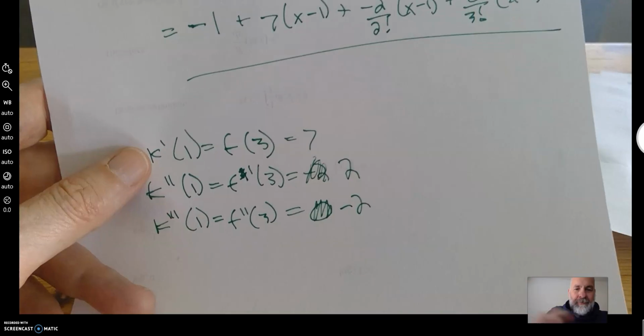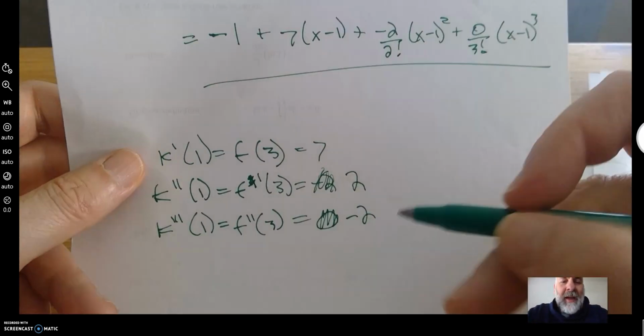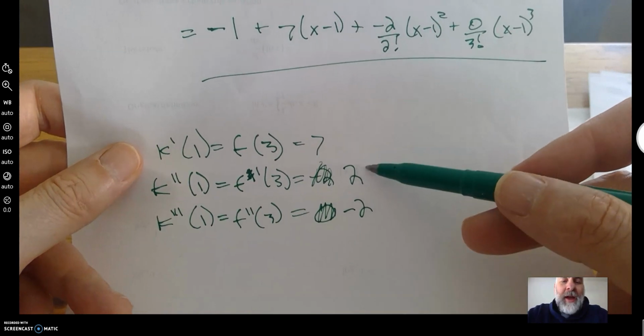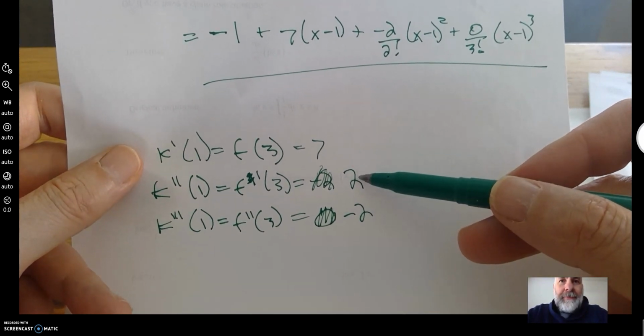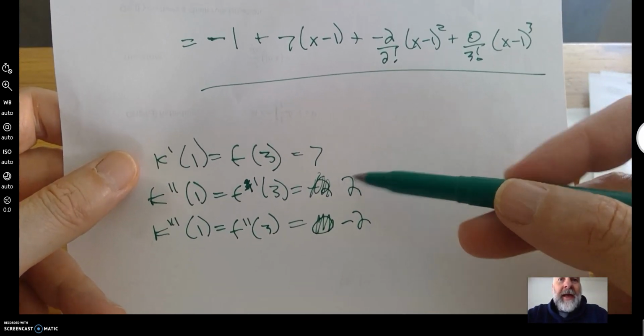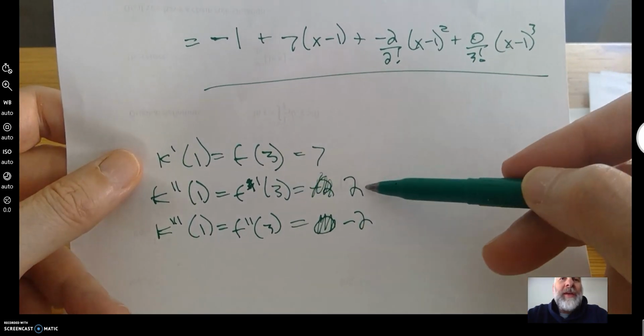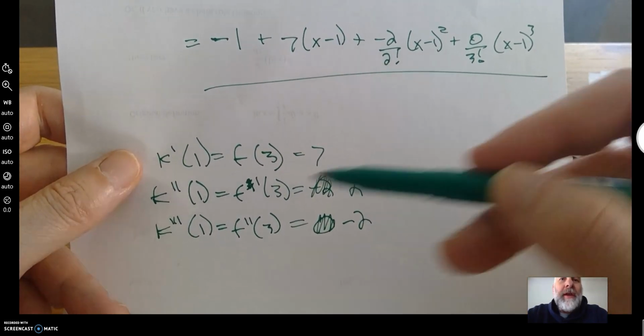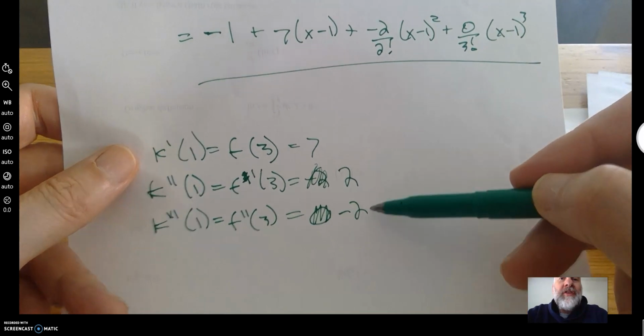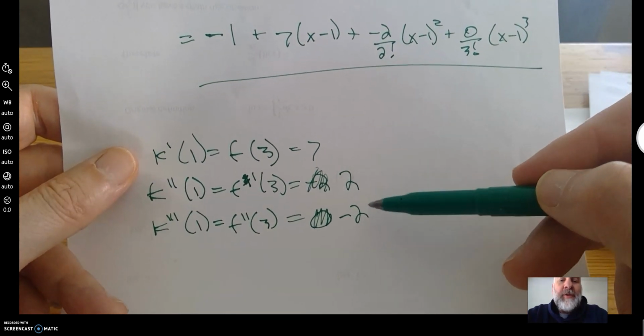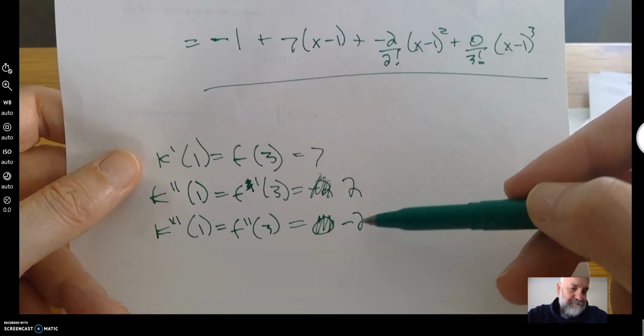So there we go. So I forgot that graph above was f prime, not f. And so f prime of 3 was the y value up above, and f double prime of 3 was the slope of the graph above. And it was linear at that point, so the slope is negative 2.